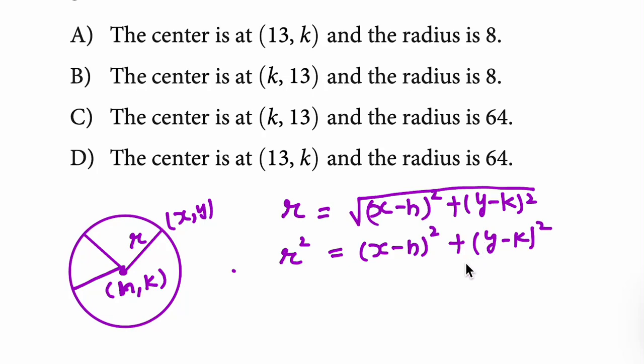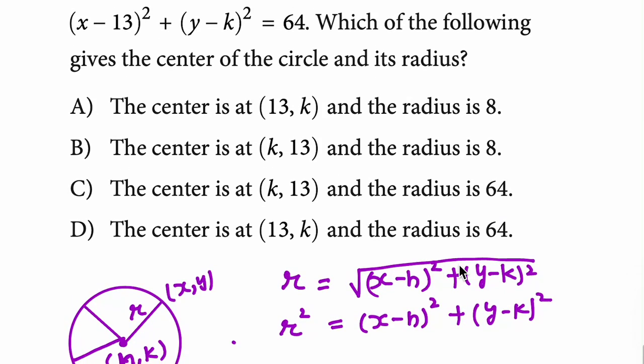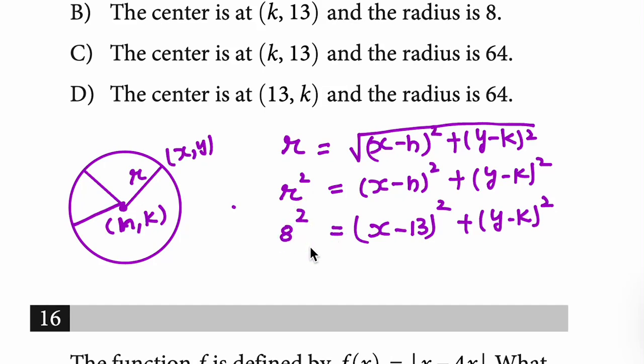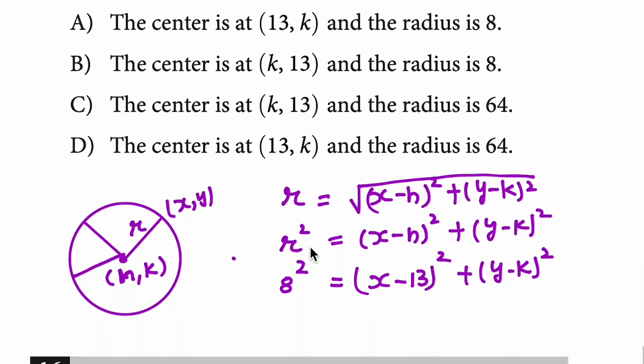That is a simple application of the distance formula. Now in our question, (x minus 13) whole squared plus (y minus k) whole squared is equal to r squared. Because it's 64, I am writing it as 8 squared.